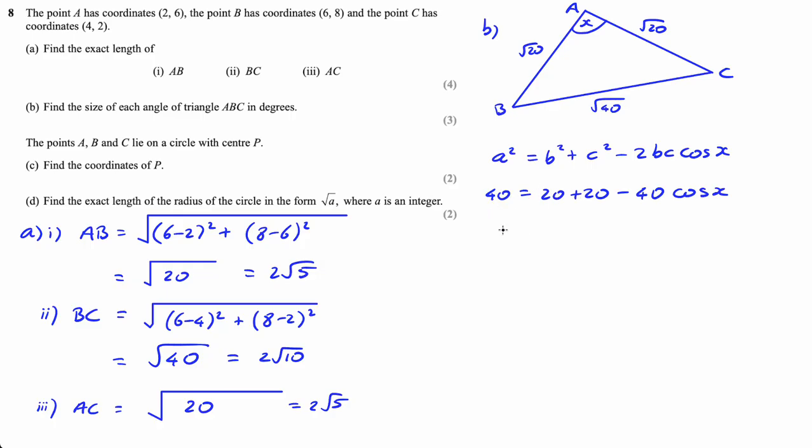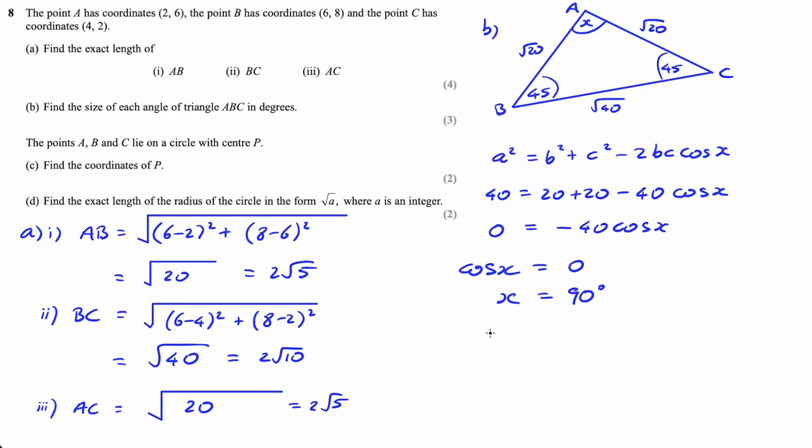This is 0 equals, if I subtract the two 20s, minus 40 cos X, which means cos X equals 0, which means X is equal to 90 degrees. And if X is 90 degrees, then the other ones have to be 45. So this is 45. This is 45.